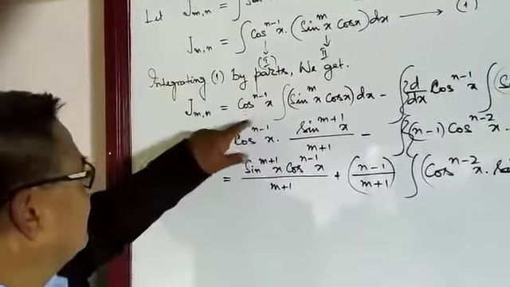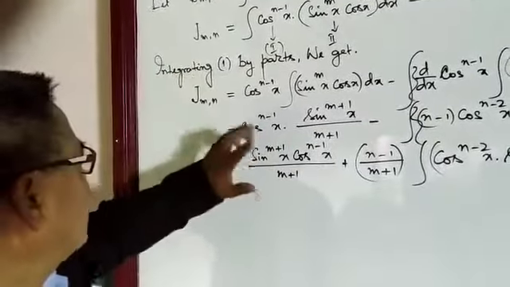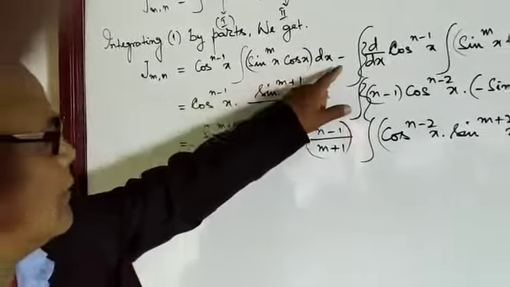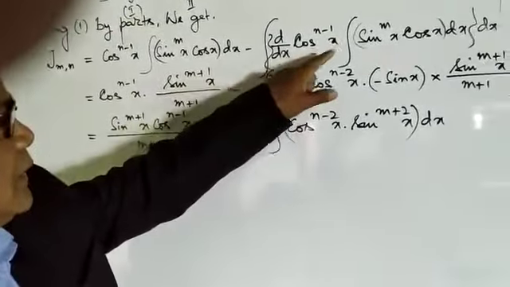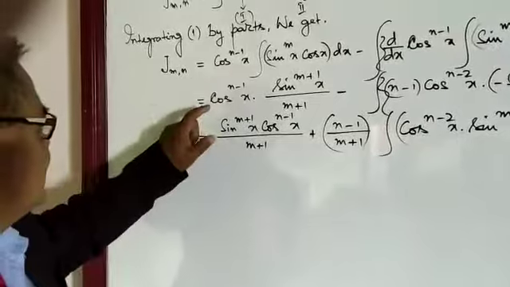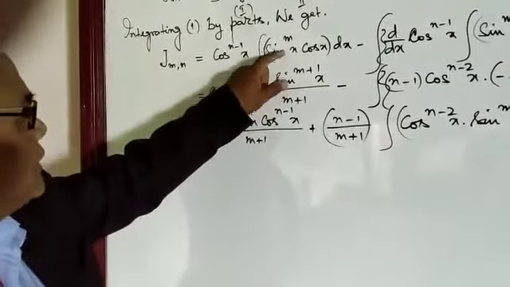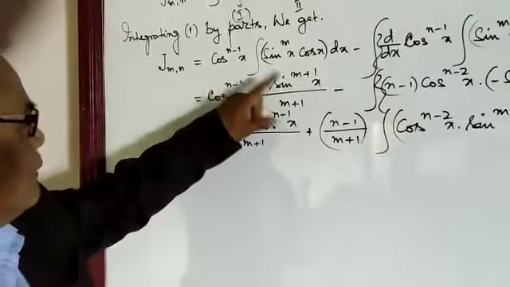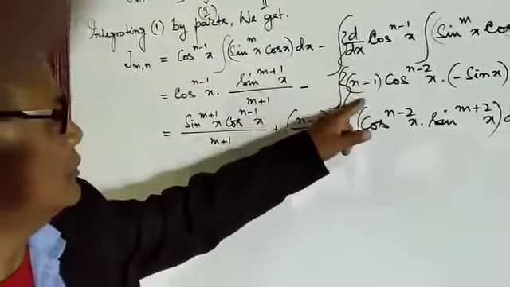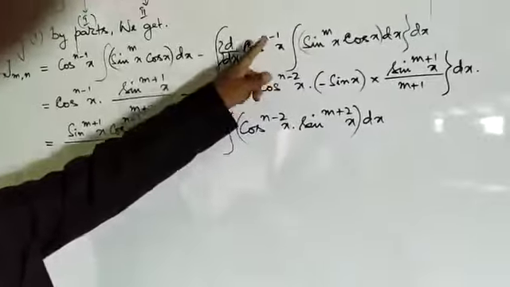According to the rules of integration by parts, the first function is constant, the second function is integrated, minus the differentiation of the first function and the integration of the second, as you know. It is very simple that the integration of this becomes sin to the power m plus 1 x divided by m plus 1. Then this is also the differentiation of cos.